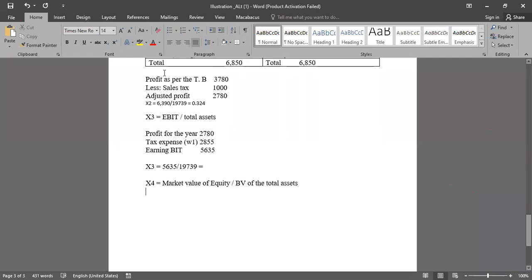So market value is usually given in the information I always tell you, 0.285.